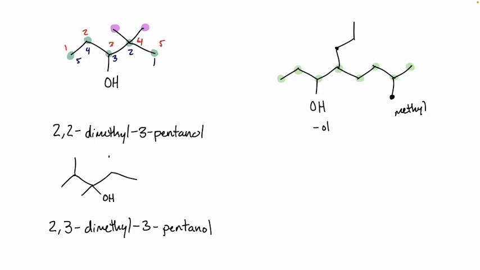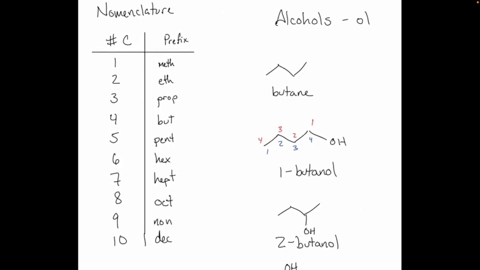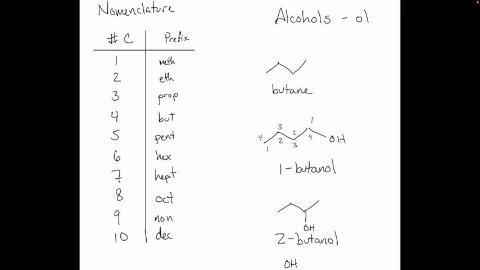And then what would I call this 3-carbon branch right here? Propyl. So it's that same prefix, but when it's not on the parent chain, you put that yl ending to it. So methyl, ethyl, propyl, butyl, etc.